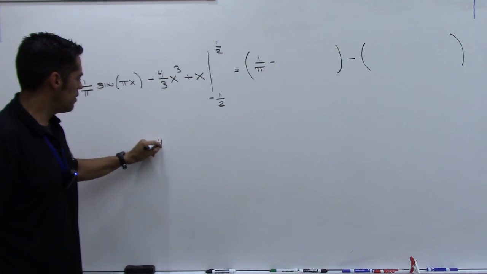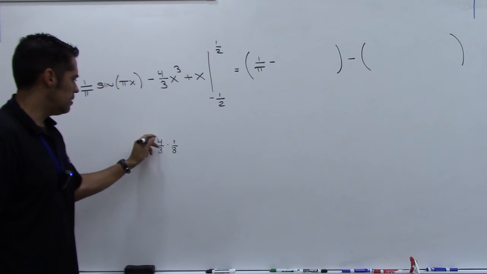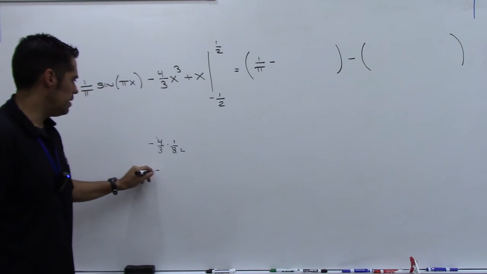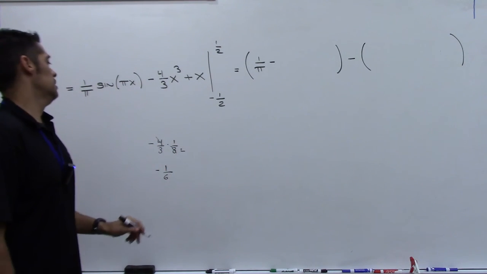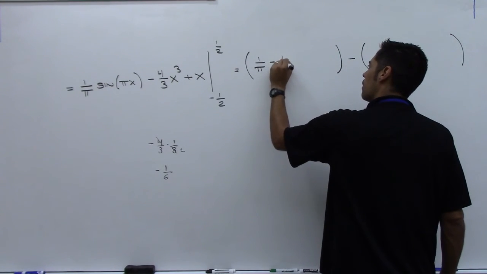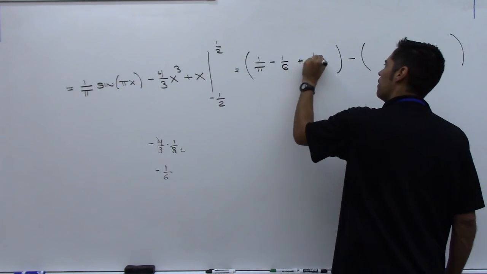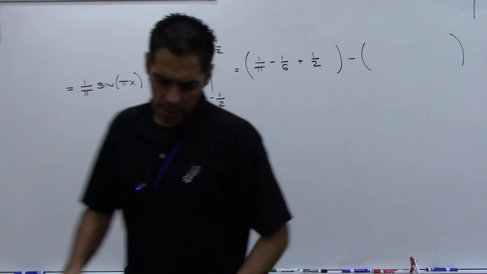So I have -4/3 times 1/8. And you can reduce that, you get -1/6. And then if I plug in 1/2 right here, I get 1/2.